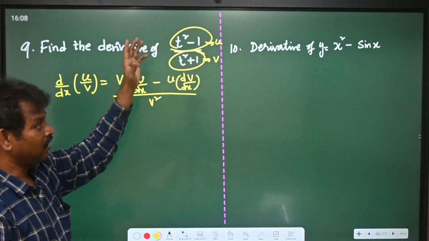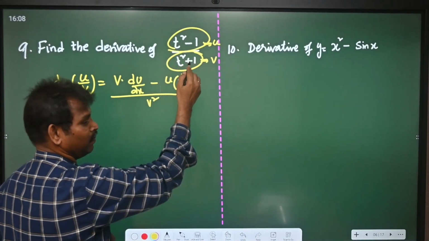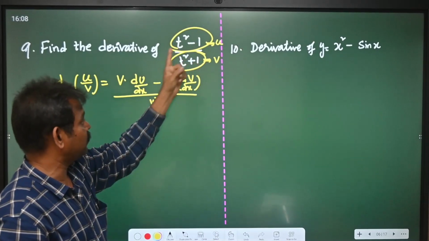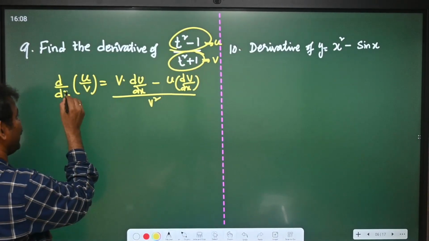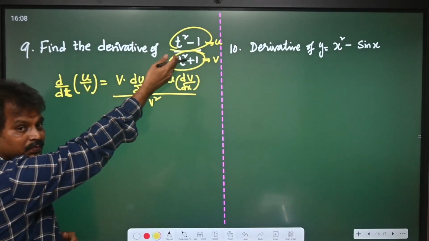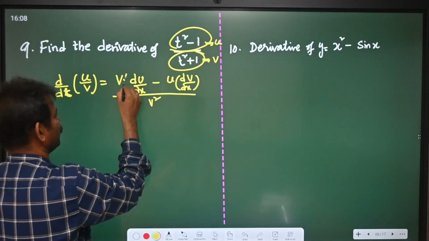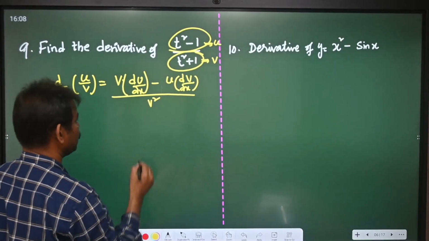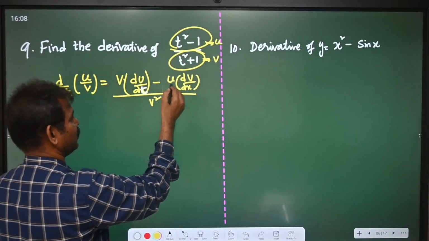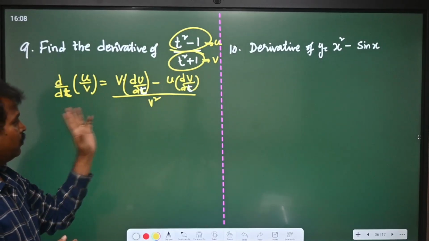But please remember, here I am not writing dy by dx, because in the given problem the x term is not present. This consists of t. So this is d by dt, because with respect to t only we can differentiate this one. d by dt of u by v will become v into du by dt minus u into dv by dt, all over v square.